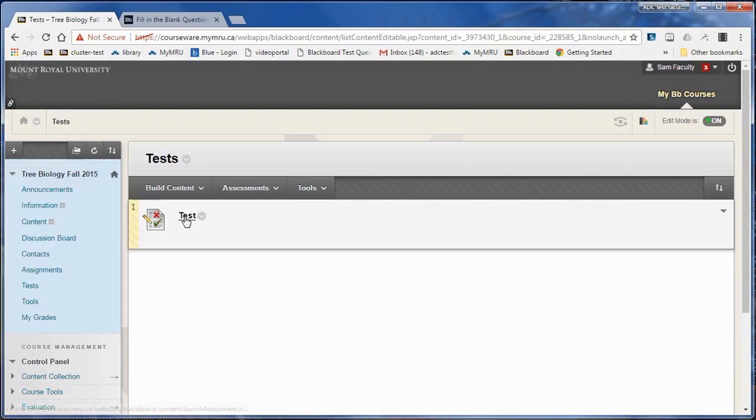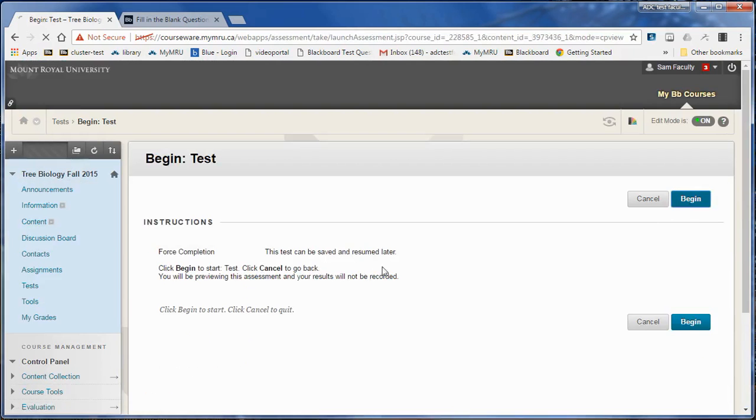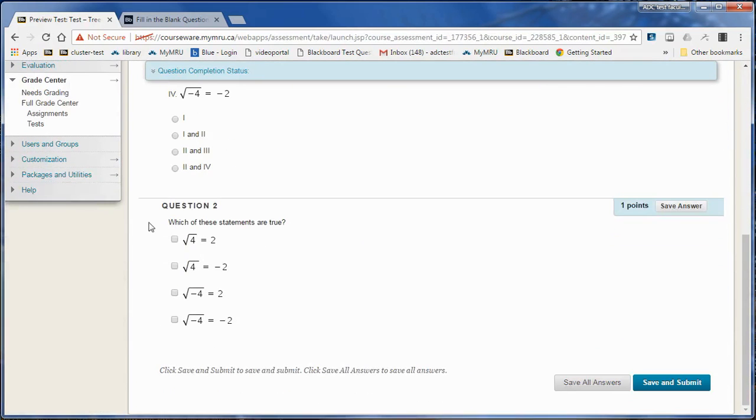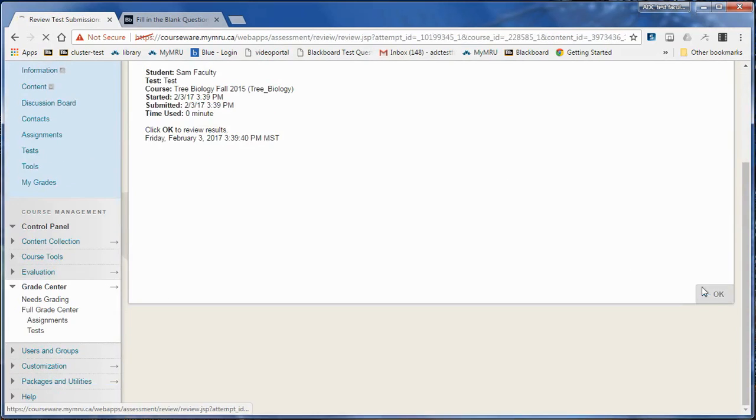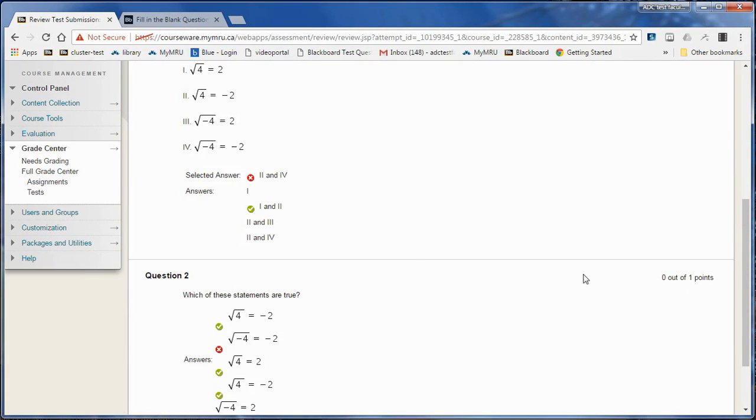So for instance, let's say in the test you chose 2 and 4, so you've got 1 correct and 1 incorrect. And then also in here you chose 2 and 4. Then in those cases they'd be back to the same.